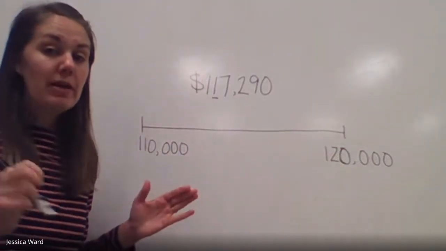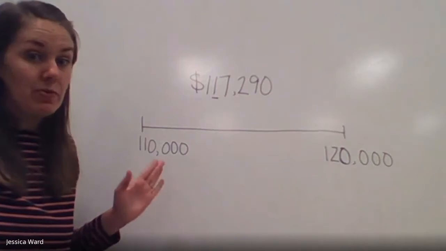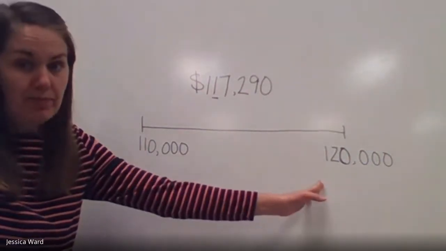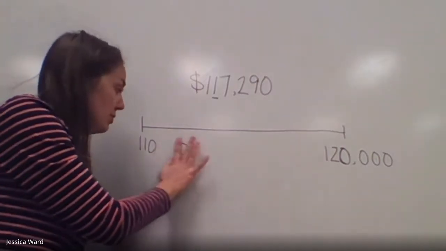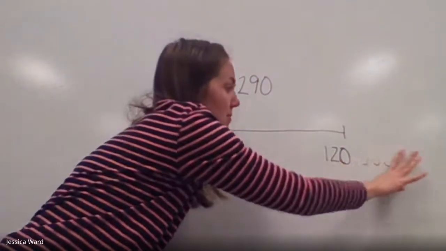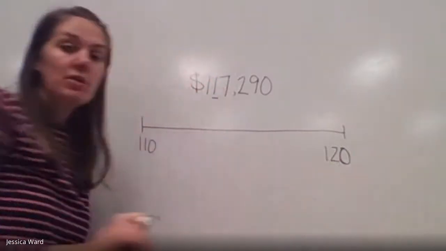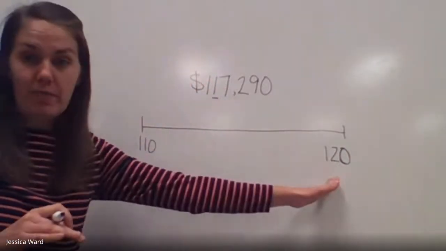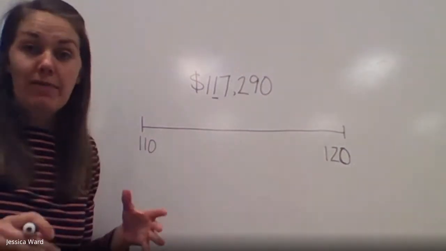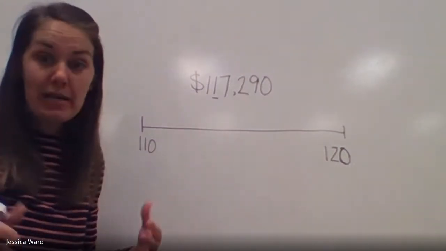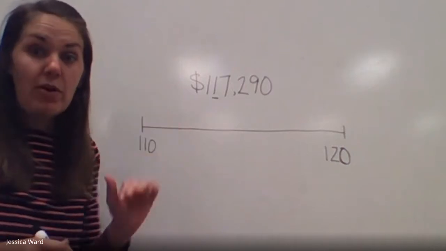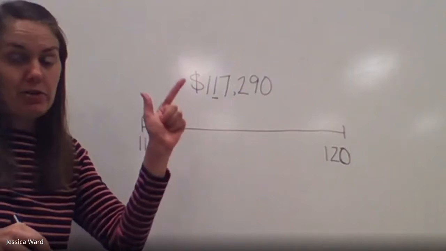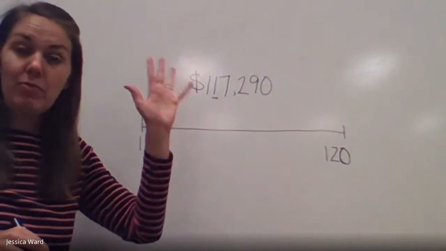So now let's go ahead and think about what halfway between 110,000 and 120,000 would be. I'm going to erase the zeros again to make the problem easier. So if I'm thinking about what halfway in between 10 and 20 would be, I know that if I'm counting by tens, half of 10 is going to be 5. So I'm going to count on 5 more from 110, 111, 112, 113, 114, 115.